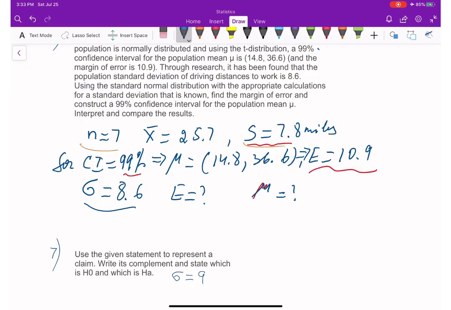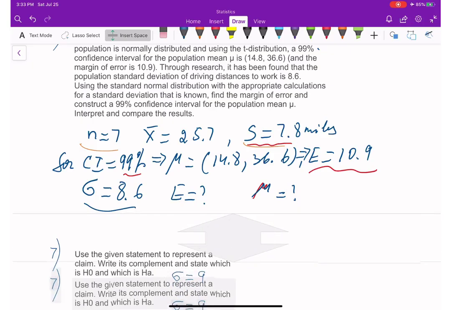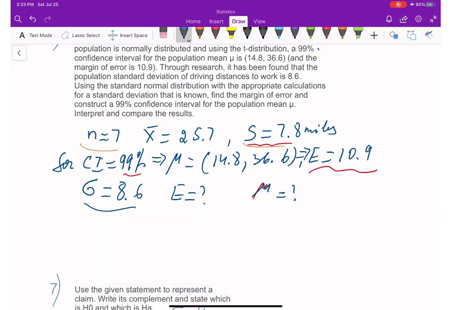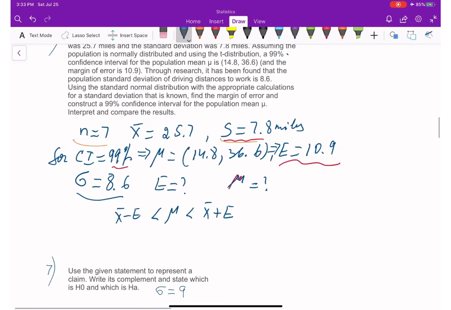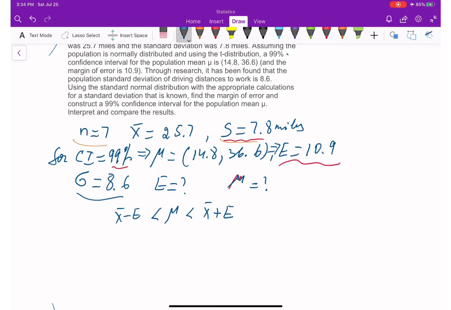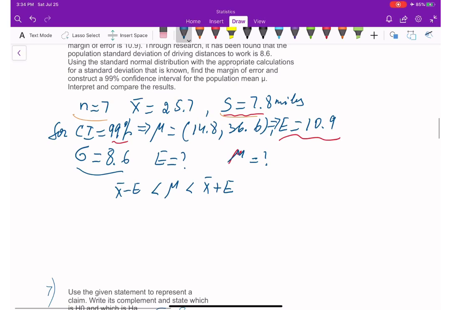Okay, so let's start. First things first, we know mu is greater than x bar minus error and less than x bar plus error. Yes? So x bar is given. We need to find the margin of error first of all.